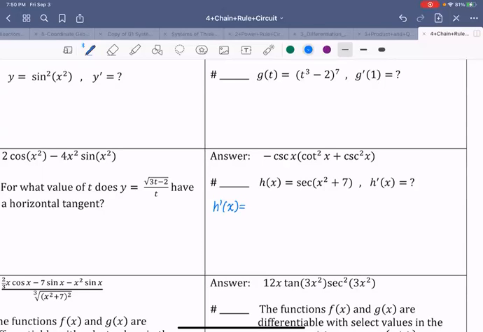Do you do tangent of x squared plus 7 times secant of x squared plus 7? Who is the outlier? The secant. Okay. The derivative of secant is tangent times secant.